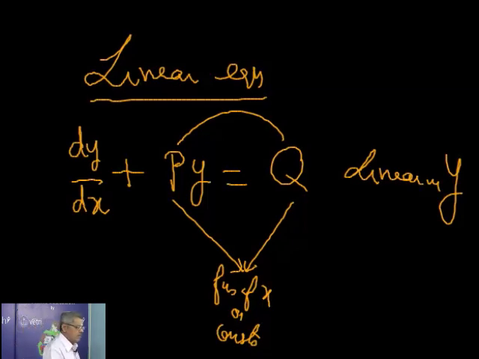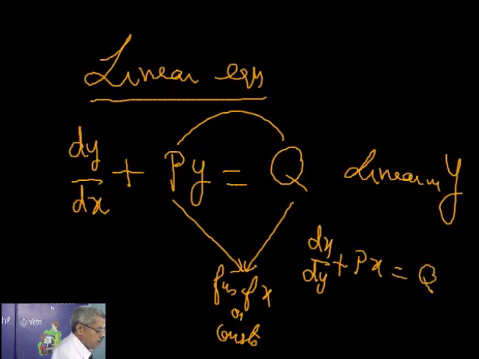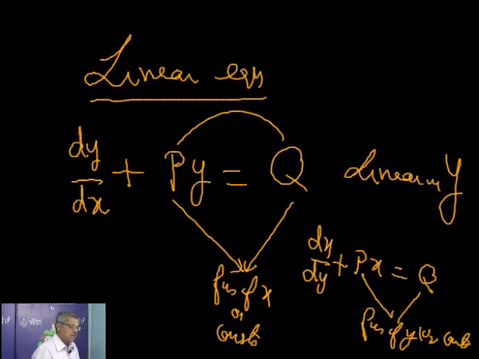Similarly, we can also have a linear equation in x. That is, if you consider dx by dy plus px is equal to q, where p and q are functions of y or constants, then we call this linear in x.